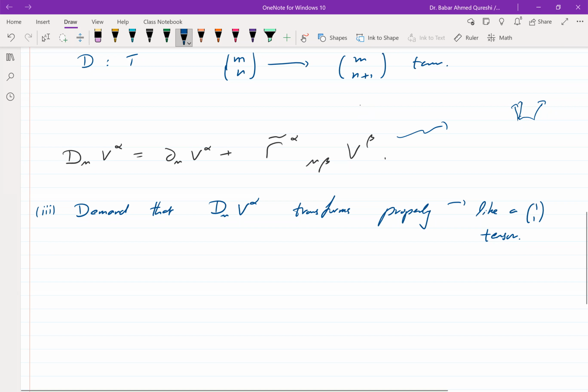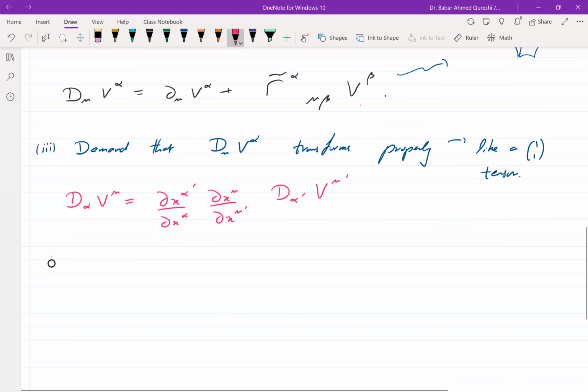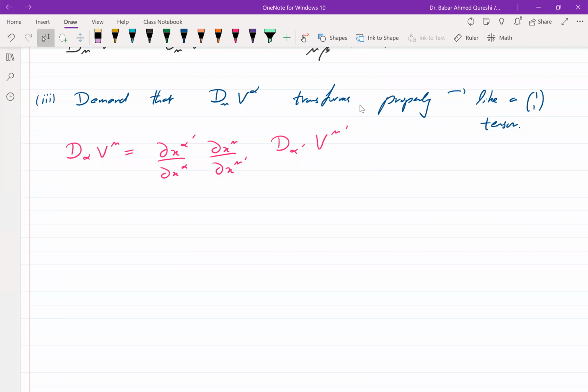That means we want d alpha v mu to be transforming like this. But the first part of it, d alpha v mu, doesn't.